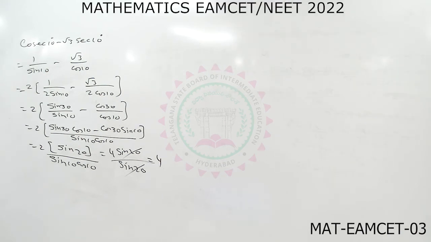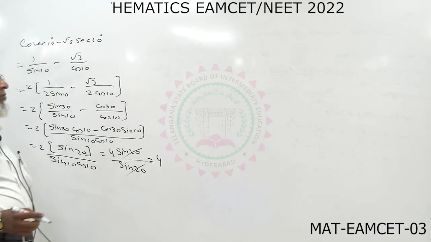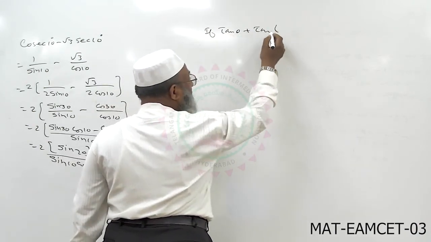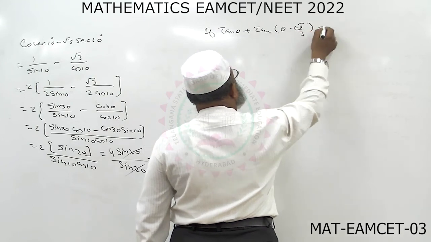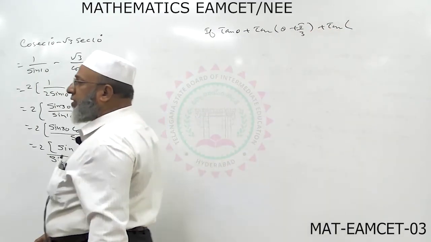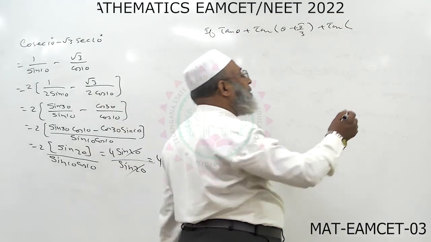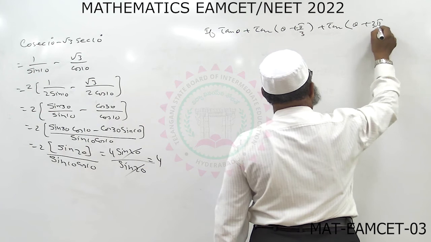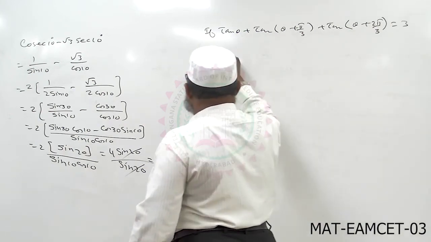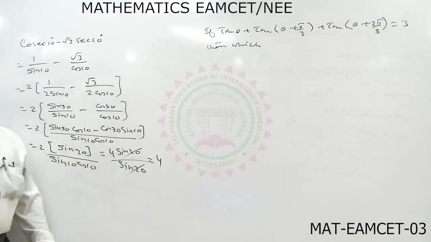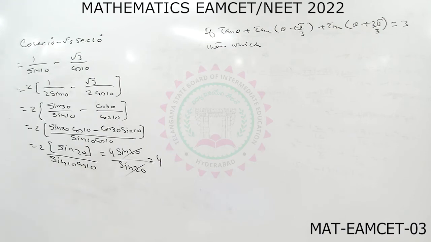Next, if tan theta plus tan of theta plus pi by 3 plus tan of theta plus 2 pi by 3 is equal to 3, then which of the following is equal to 1?